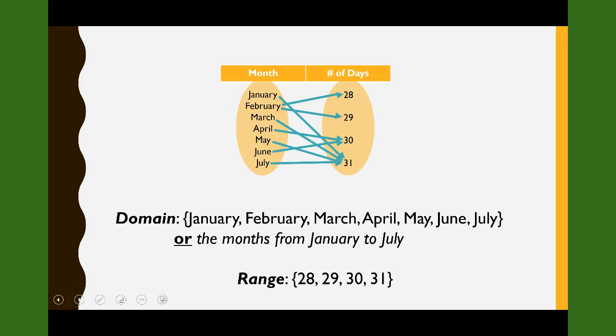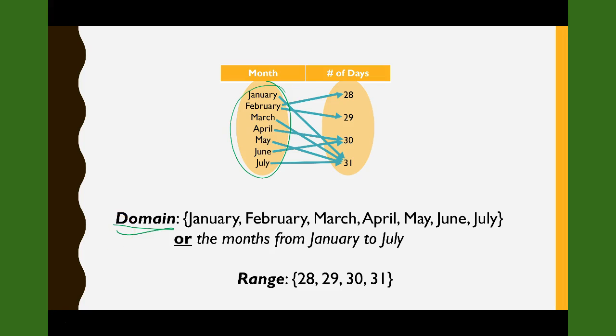Okay, let's see another example. Say we have this mapping. Now this one is very straightforward because everything usually would just be written one time. I mean, they should be. So our inputs are January, February, March, April, May, June, July. That is, again, our domain.